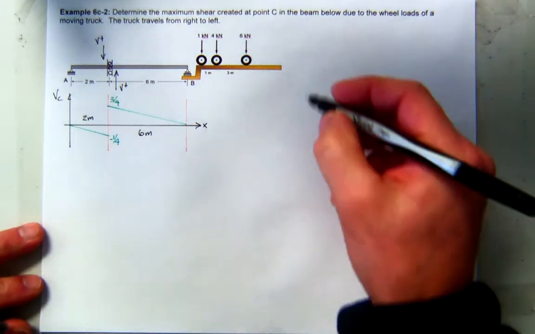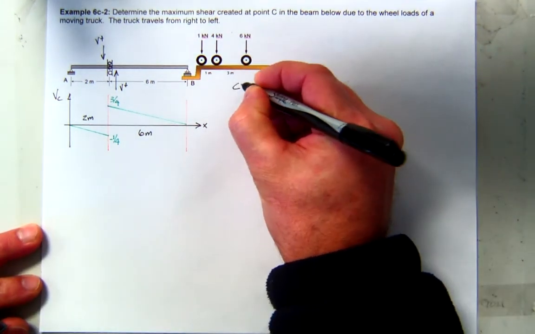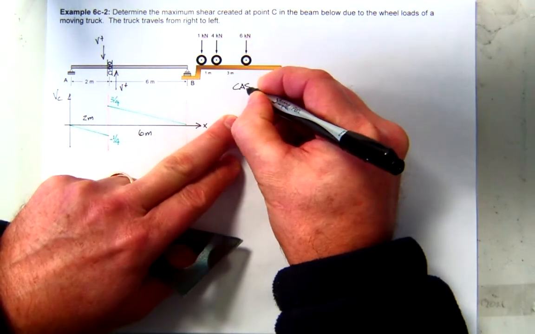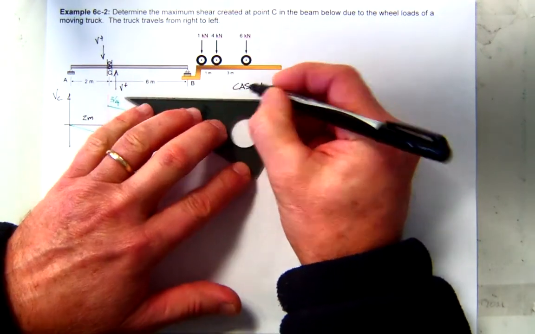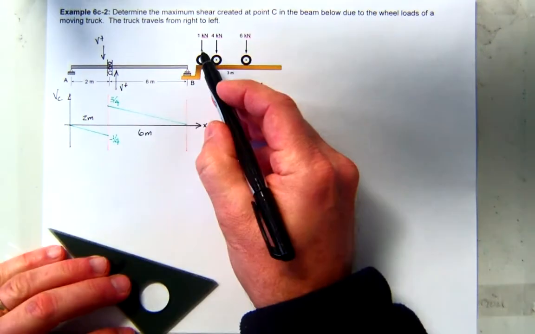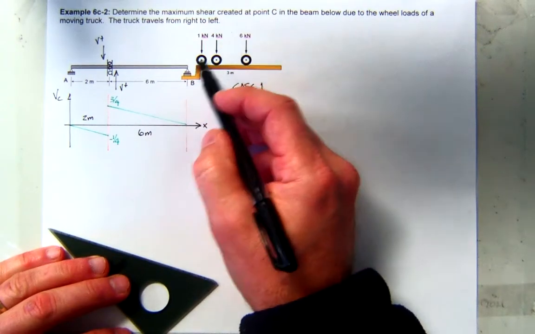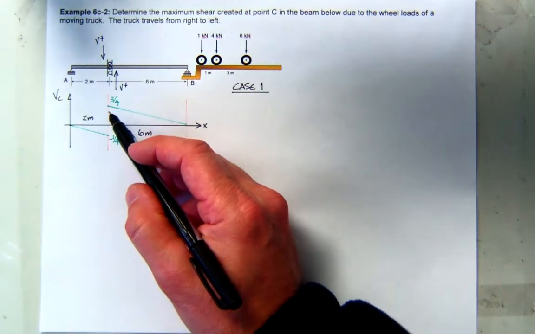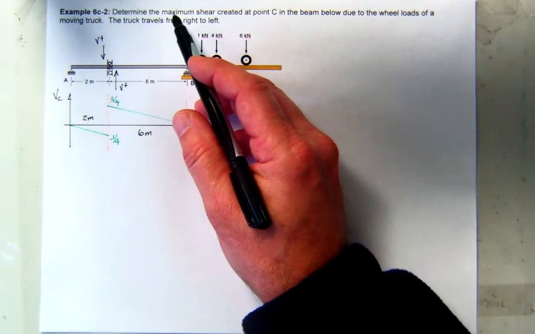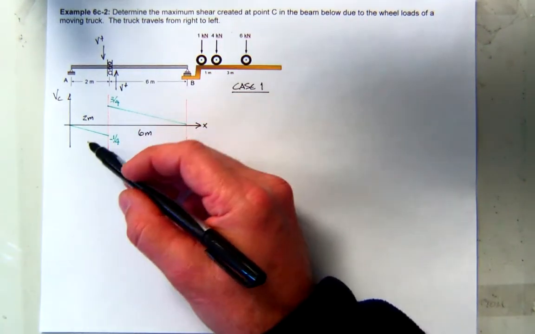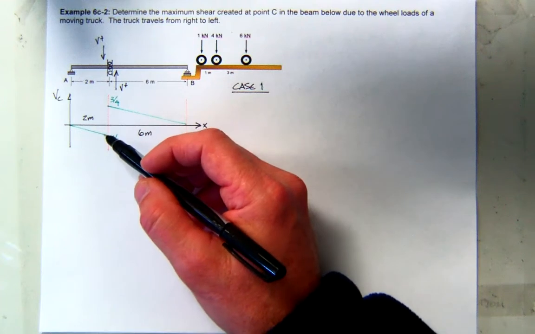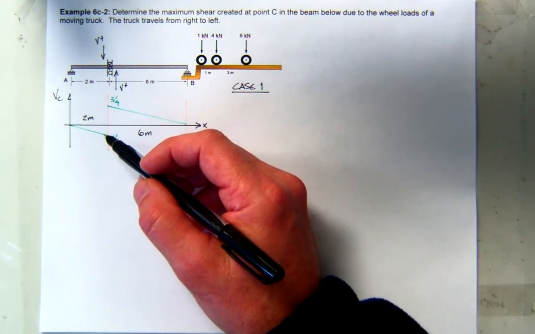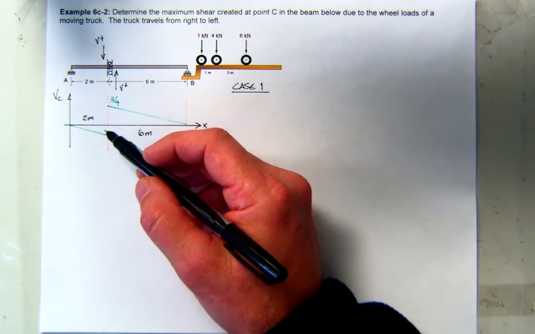So I'll start over here. We'll do case 1. And case 1 will be, I'll let the first load in the sequence go to the maximum value. Let's talk about this for just a second. I'm trying to find maximum shear, either positive or negative, right? Because in shear, and really in moment, we're looking for maximum values, not necessarily sign.